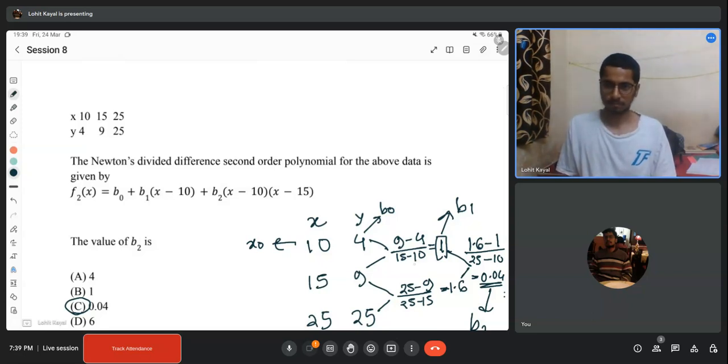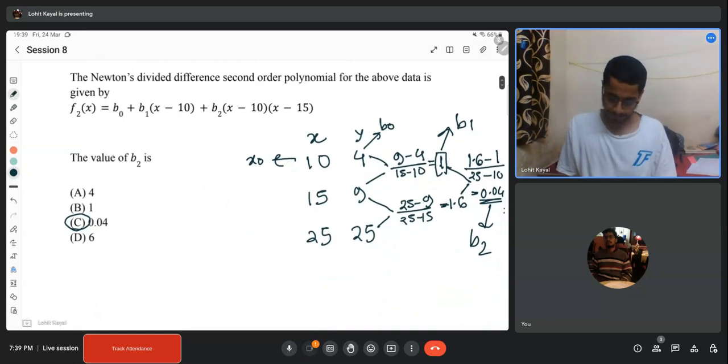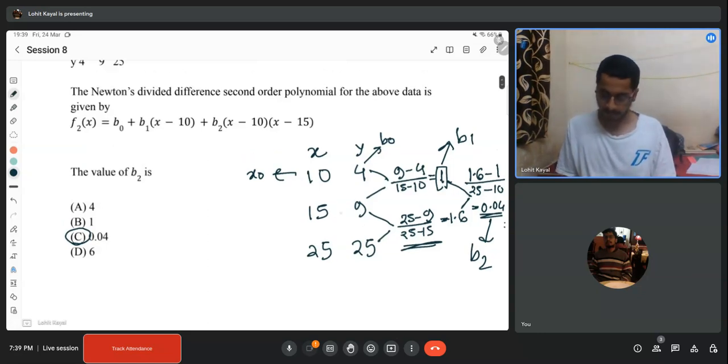So this term. Similarly, if you put x equal to x2, you will get this term. For these two data points, you will get similar expressions, and you need this in order to get the final value of b2.